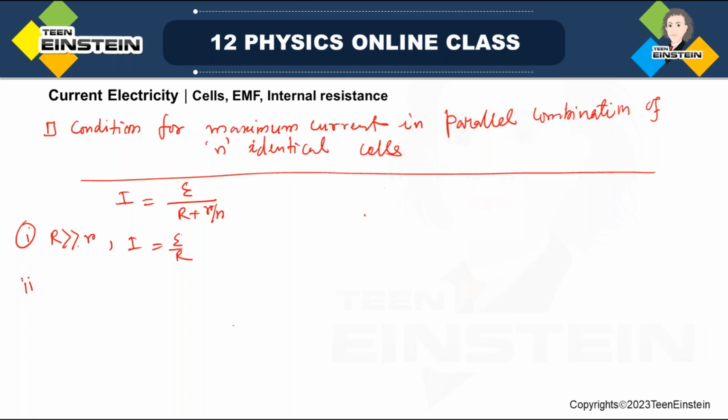And when the external resistance is much less than the internal resistance, in that case this will be nE by r. That means this is N times the current obtained from a single cell.